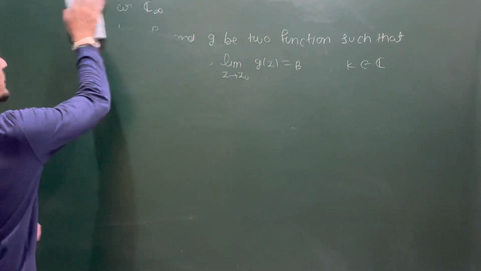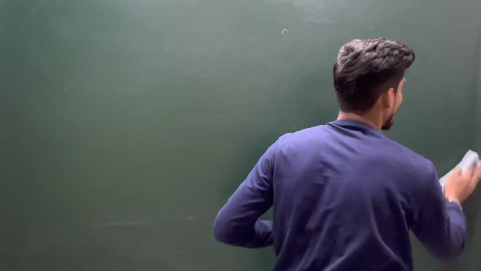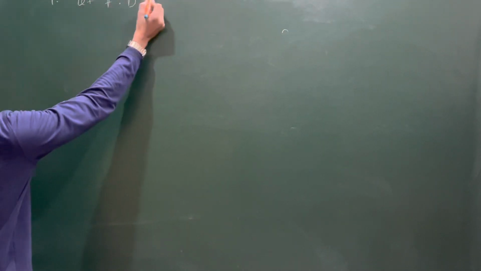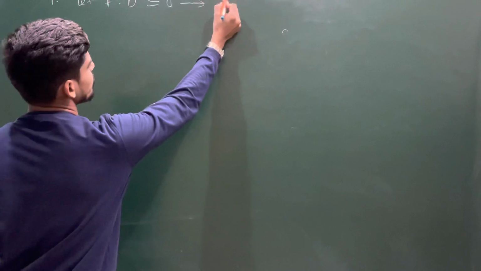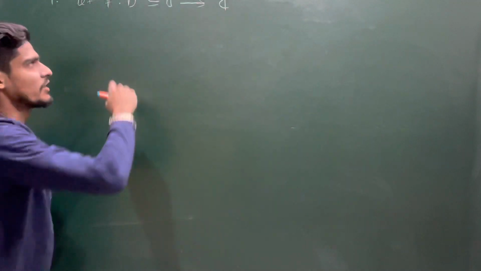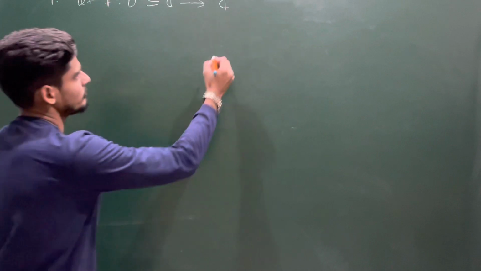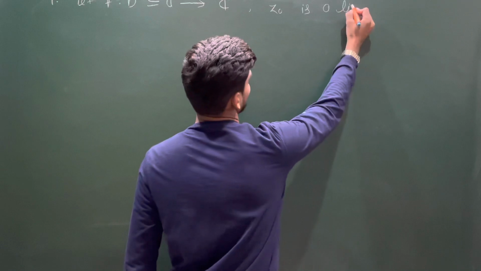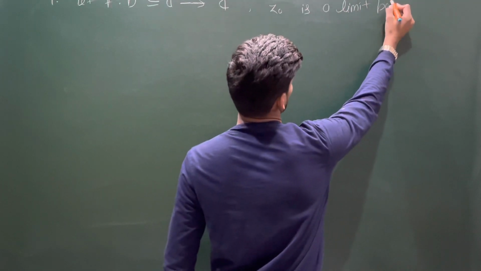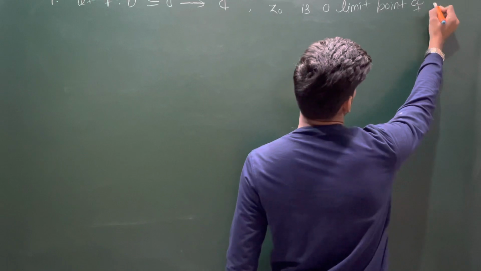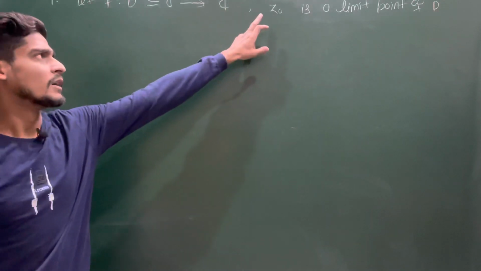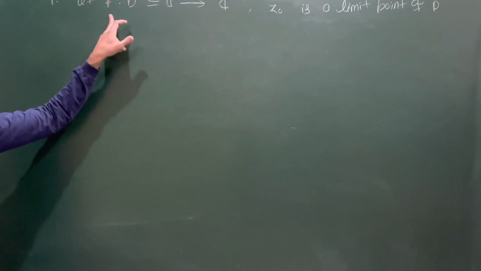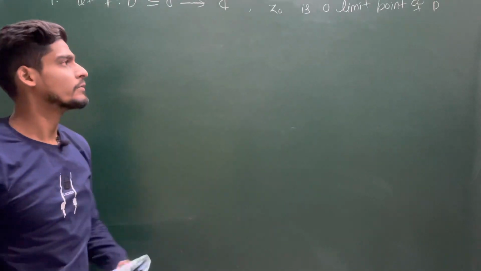Now let me discuss some properties for the limit at point infinity and when the limit is infinity. Let f be a function defined from D to C. That is, this is a complex function of a complex variable. z naught is a limit point of D, or you can also write that this f is defined in some deleted neighborhood of z naught.